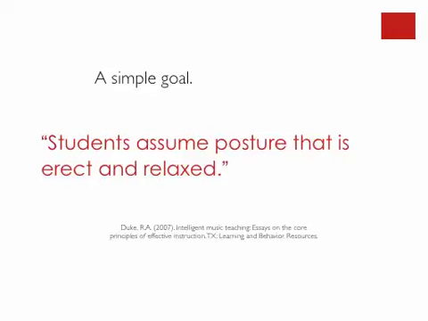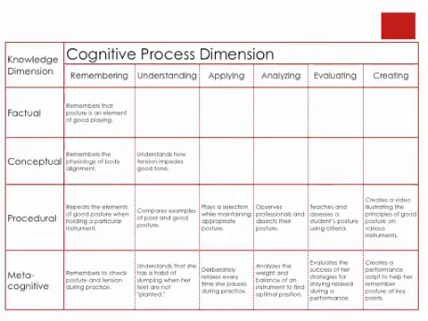So how could we spin this out if we were looking at the taxonomy as a way of guiding all the different kinds of learnings that could go on pertaining to this? So starting up here at the upper right-hand corner, we have some factual knowledge that a student needs to engage in, and they just simply need to remember that posture is an element of good playing.